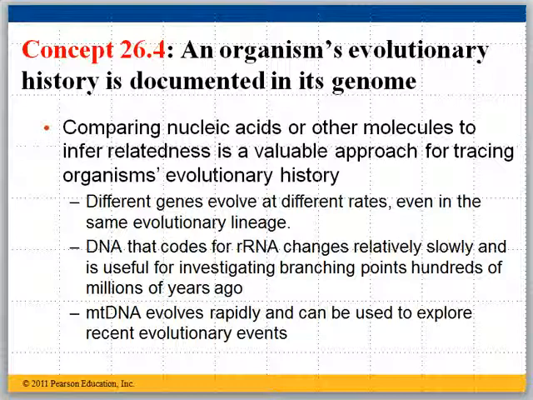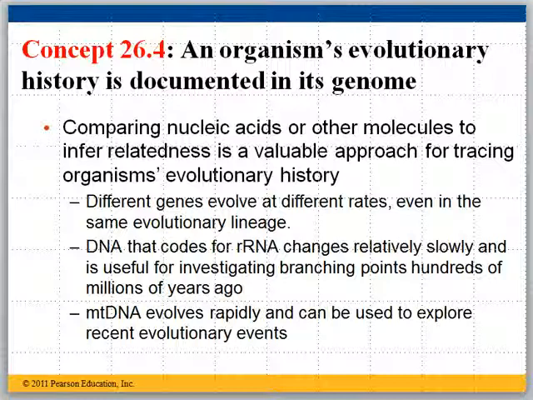The reason that the DNA that codes for ribosomal RNA changes so slowly is because it's so important. So any slight variation or mutation is likely to be detrimental. So you have a conservation of that strand of the DNA. That DNA has been around for a long, long time, relatively unchanged, and so that allows us to investigate species where the branching points occurred hundreds of millions of years ago.